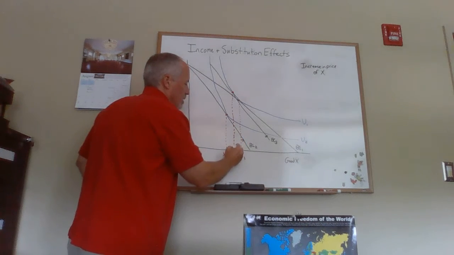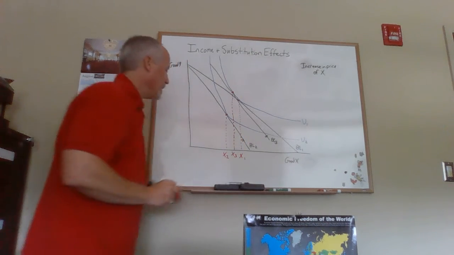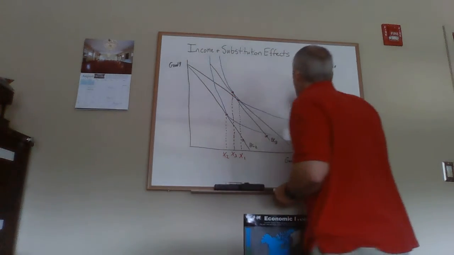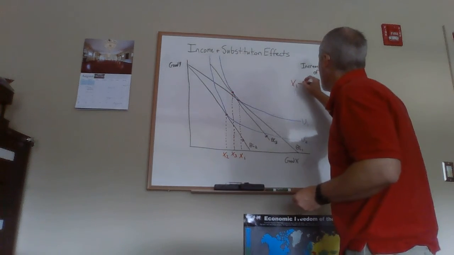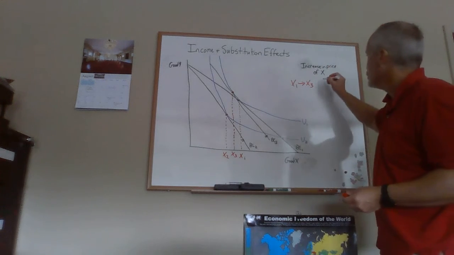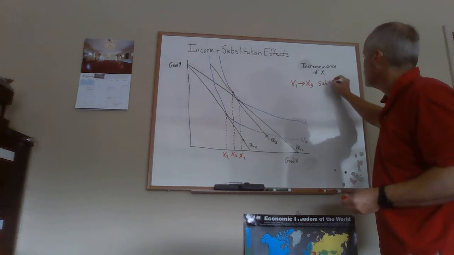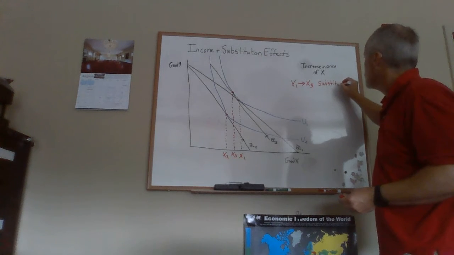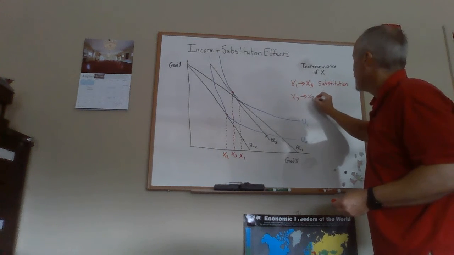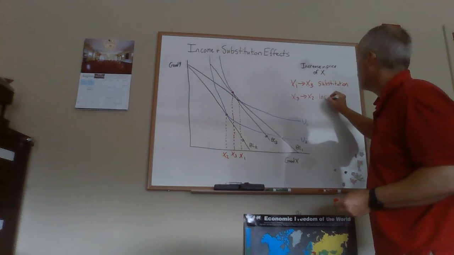That allows us to come down here and designate an x3. And so then what we can see is x1 to x3 is going to be the substitution effect. And then x3 to x2 is the income effect.